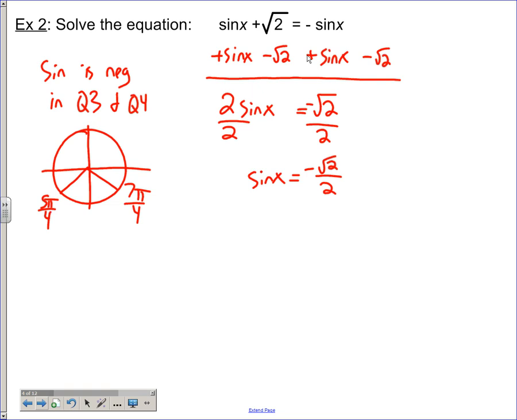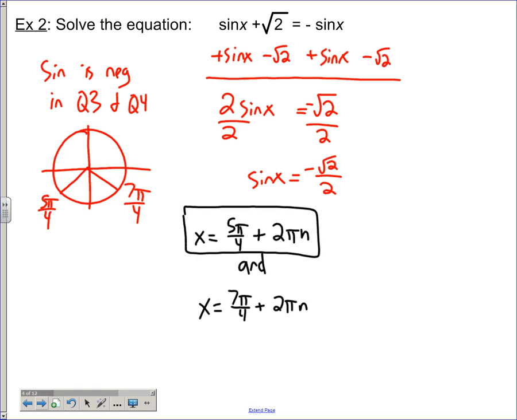They have to be including all possible values. So we get x equals 5 pi over 4 plus 2 pi n, and x equals 7 pi over 4 plus 2 pi n. So those are pretty straightforward. They come right from the unit circle, and all you have to do is use one function and isolate it.